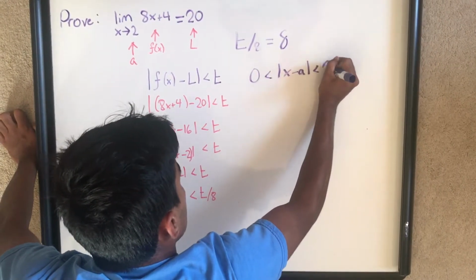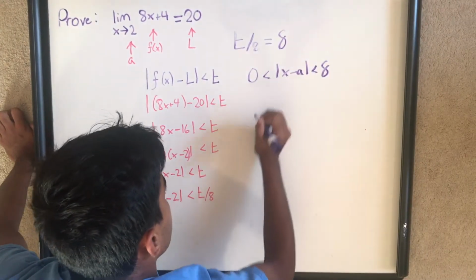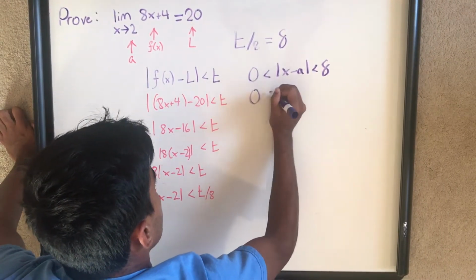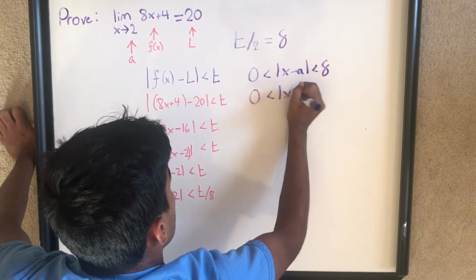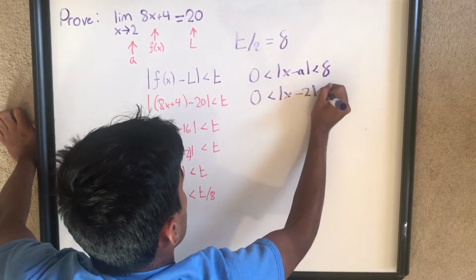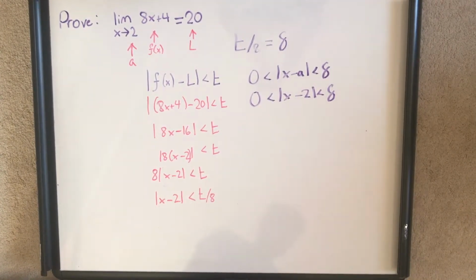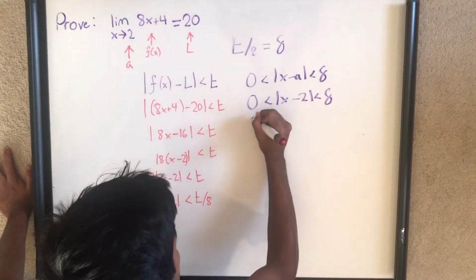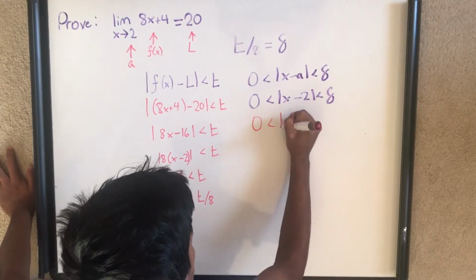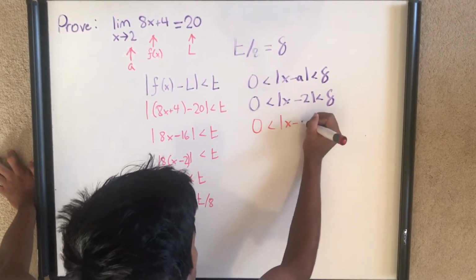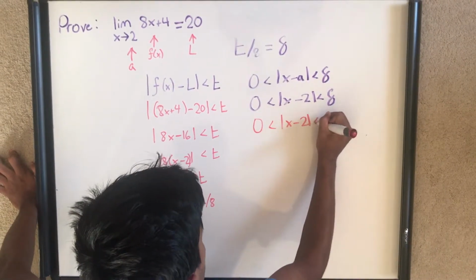So since we know this statement, this bears a very similar resemblance to the last statement we have when we algebraically manipulate the absolute value of f of x minus L. So we can go ahead and say 0 will be less than the absolute value of x minus 2, which is less than epsilon divided by 8.